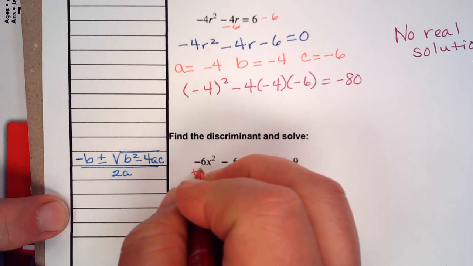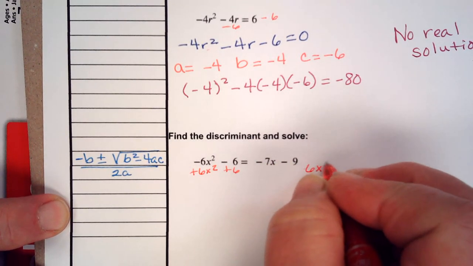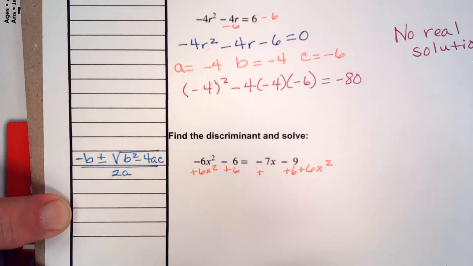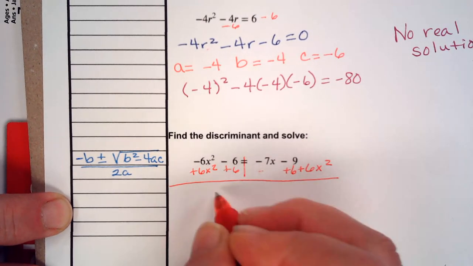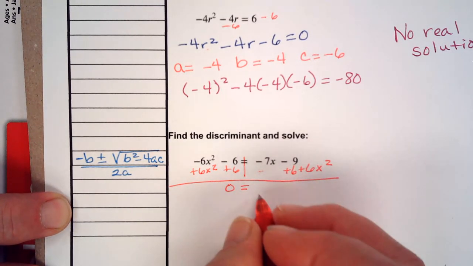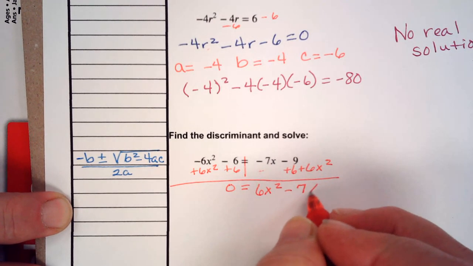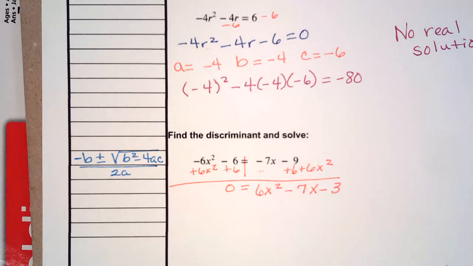I think I'm going to add 6x squared plus 6 to both sides. Now, I've got 0 is equal to, start with your 6x squared, it's positive. 6x squared minus 7x. Negative 9 plus 6 is negative 3. Time to find a, b, and c.